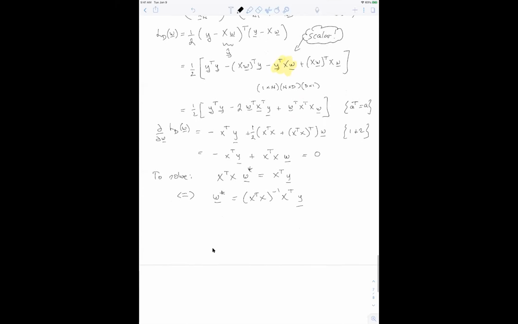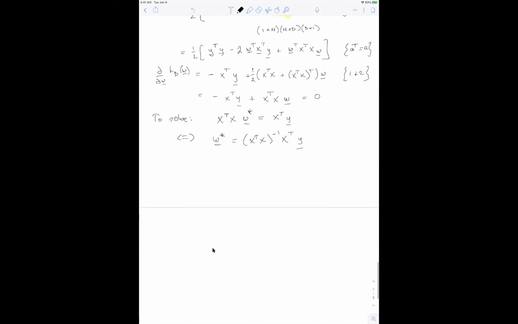Now, this is an algebraic answer. We haven't checked the second order conditions yet. Also it probably looks somewhat mysterious. I want to make one comment about this, which is that we took an inverse.